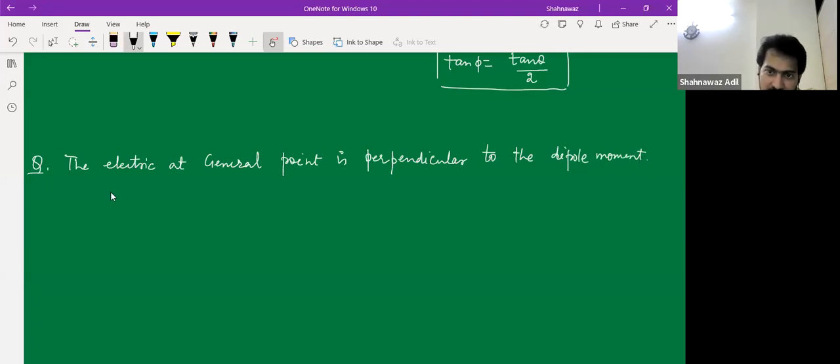Find the relation between theta and phi. Okay, so this is the question.